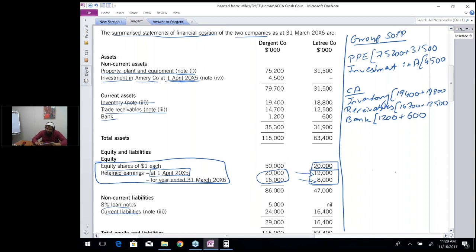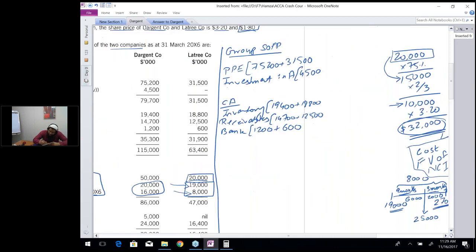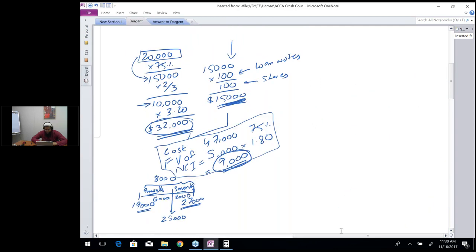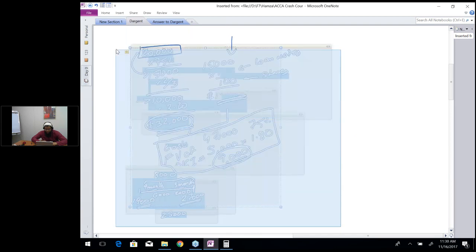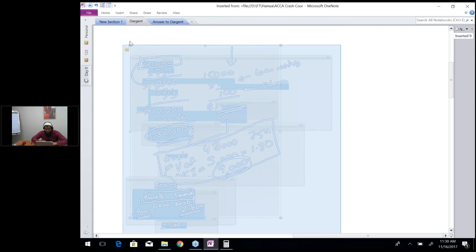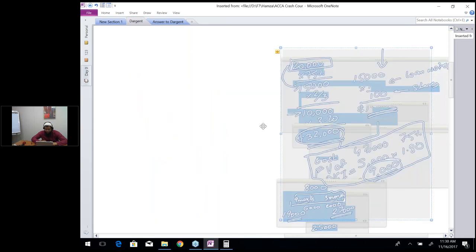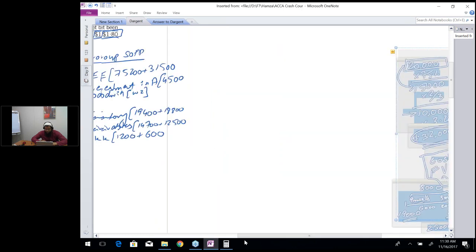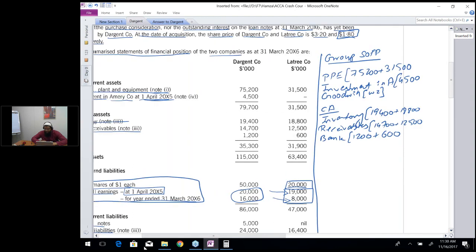Let's complete this first. Apart from this, we are going to add goodwill, which we have calculated in working number 2. Now let's complete the balance sheet basic adding, and then we are going to incorporate the adjustments.